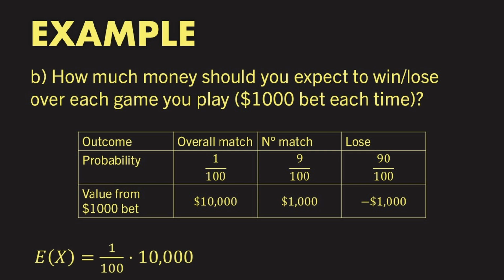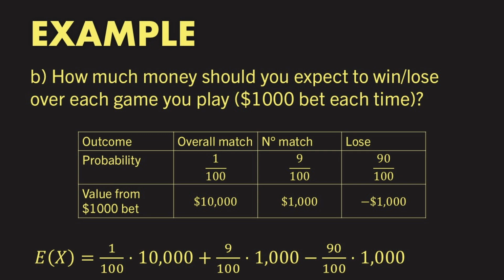Then I could just guess the number. The probability of that is 9 over 100, and the rules say that if I just guess the number, they will give me back twice what I bet. 1,000 back times 9 over 100. And then if I lose my bet, I end up with negative 1000 times the probability of that happening, and that is 90 over 100.